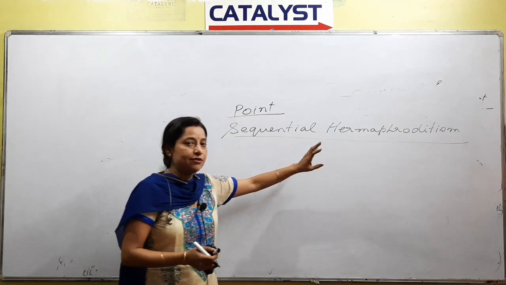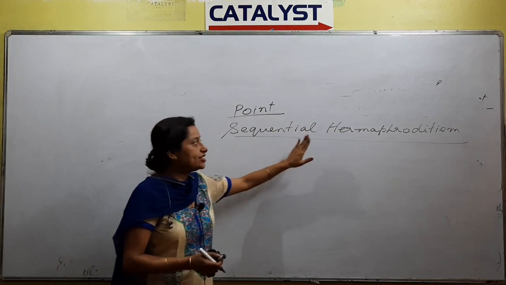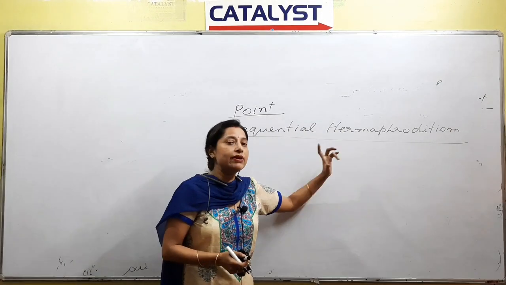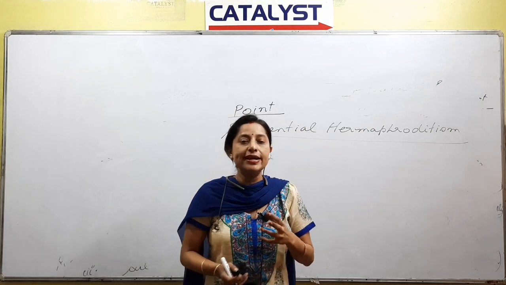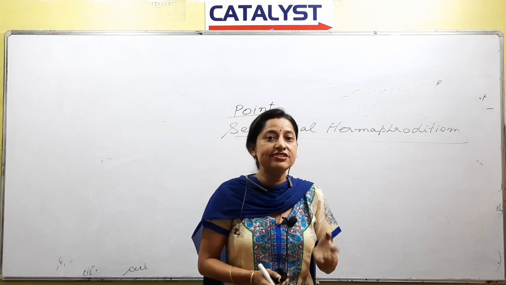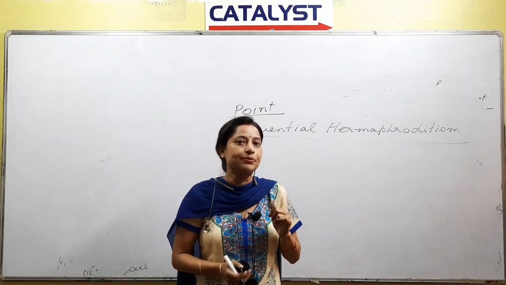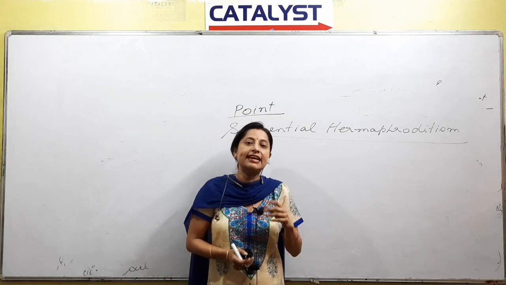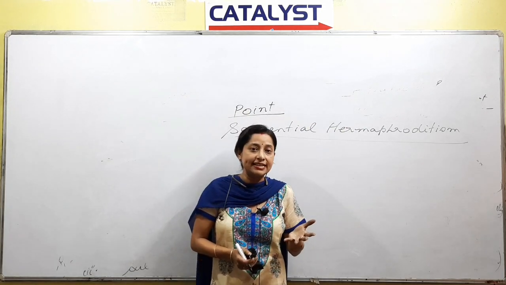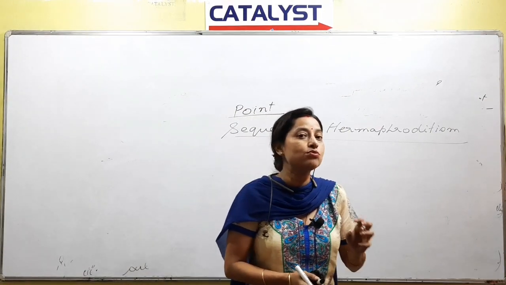Hermaphrodite is also called bisexual. We have a term called sequential hermaphroditism. What is sequential hermaphroditism? If an organism within its lifespan can change its sex, it is called sequential hermaphroditism. Means the female can get converted to a male in its life cycle, or the male can get converted to a female in its life cycle.